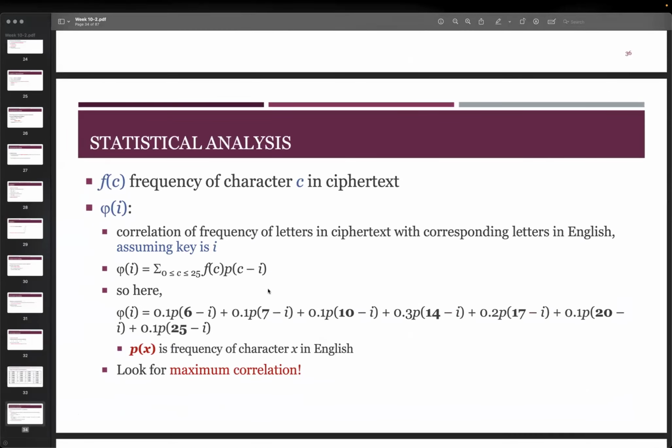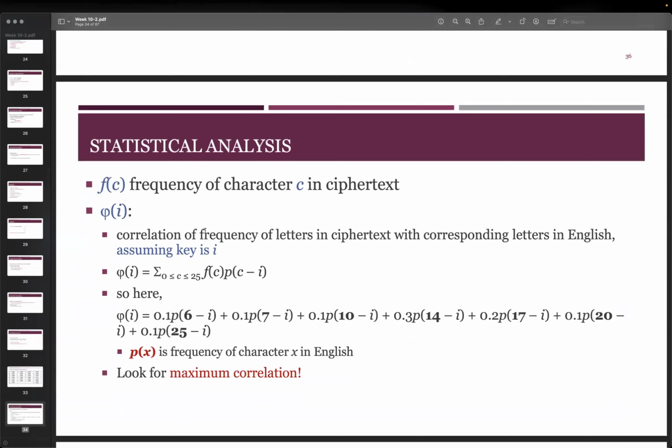And what is the equation? When we need to check the frequency of the character, the C in the ciphertext, we need to show the correlation of the frequency of the letter in the ciphertext with the corresponding letter in English. If we assume the key is i, because we know the key should be between 0 and 25, right?